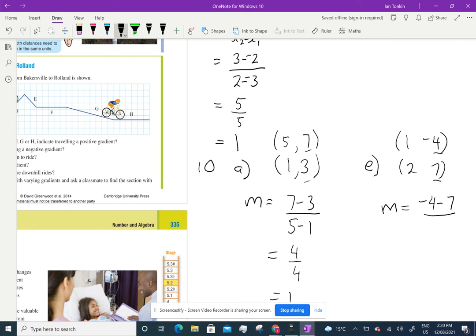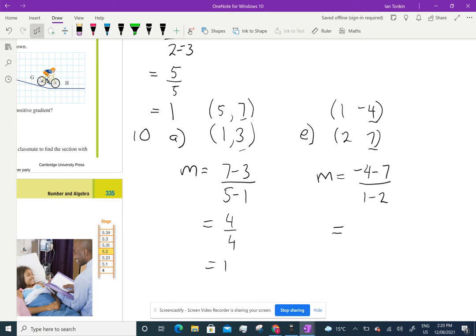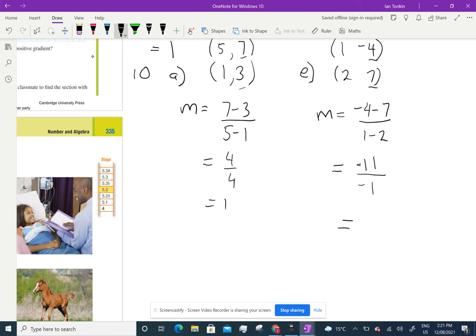They're the y values. Subtract the x values. 1 minus 2. Please use your calculator. -4 minus 7 is -11. And you can type all this on your calculator in one go and it'll do it. 1 minus 2 is -1. -11 over -1 is 11.